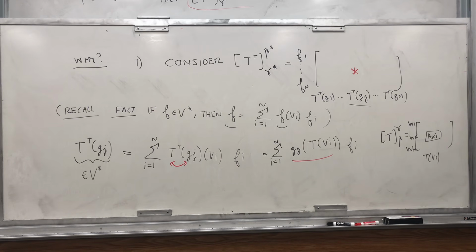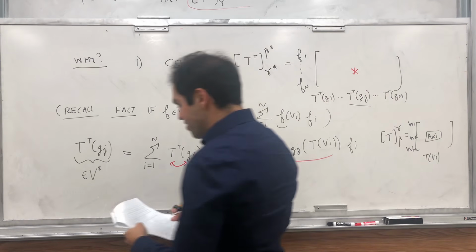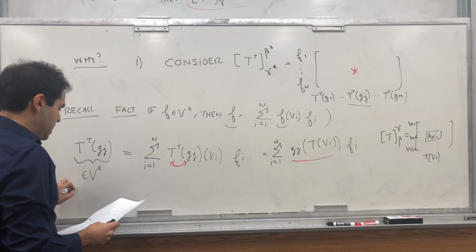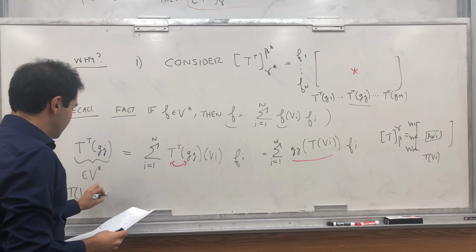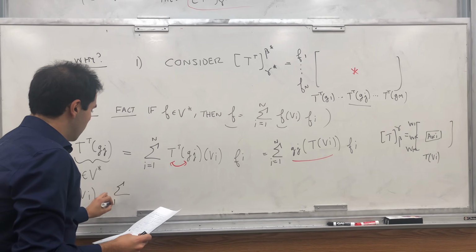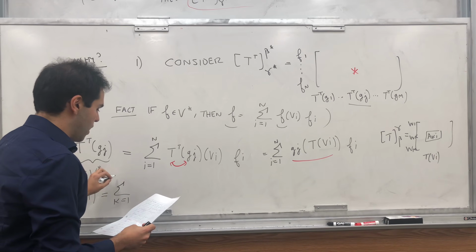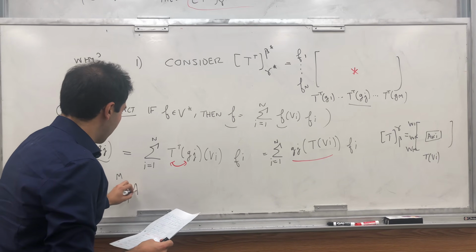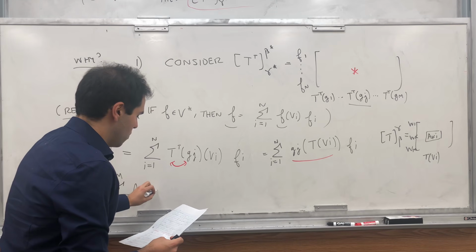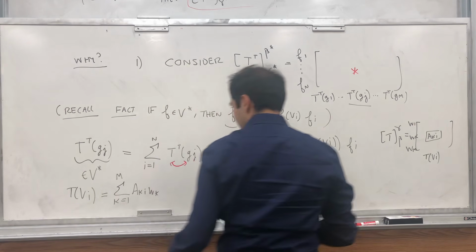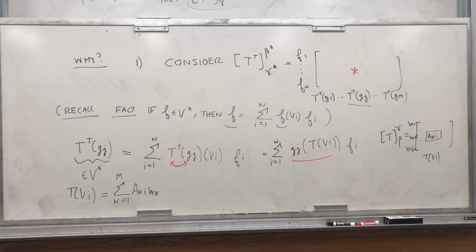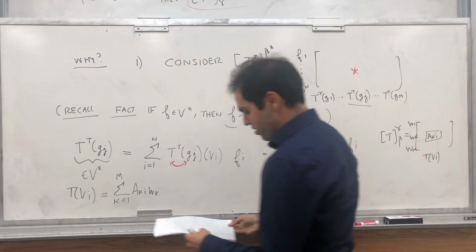Unfortunately, I have to introduce this notion. So, in particular, T of Vi is now equal to the sum over k from 1 to m of A_ki Wk. Again, you better use the matrix A at some point. Otherwise, how can you show this? Okay, and that was part 2.